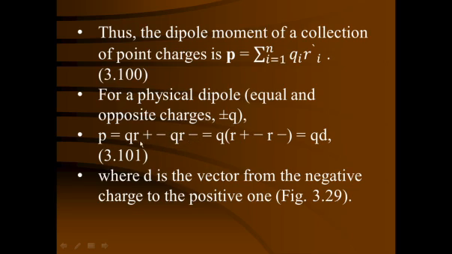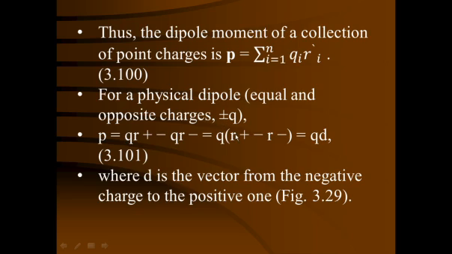So, substituting this in this equation, there are only two charges, q1 r1 dash plus q2 r2 dash, vector sum. So, q r plus minus q r minus, because this charge is negative. So, substituting this one, the magnitude of the charge we can take outside.